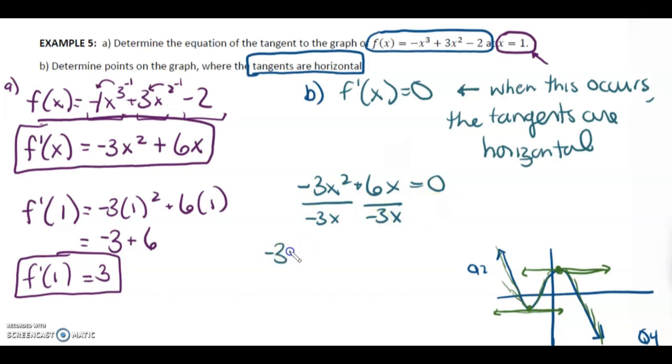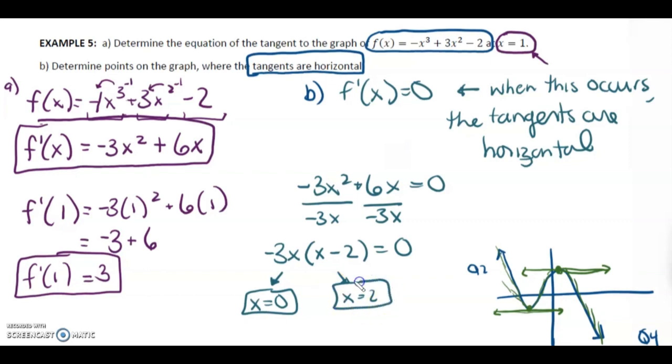And we get negative 3x bracket x minus 2 equals 0. And we're going to get the x values, x equals 0 and x equals 2. So there are going to be 2 occasions where the tangents are horizontal, and that's when x equals 0 and x equals 2.